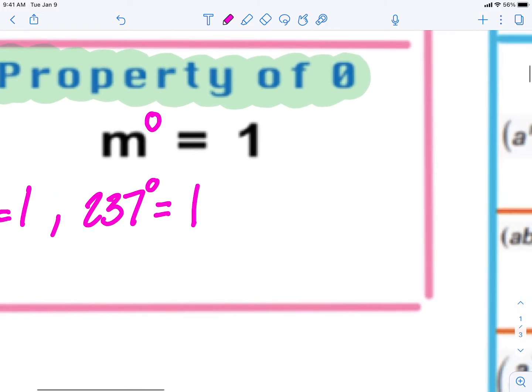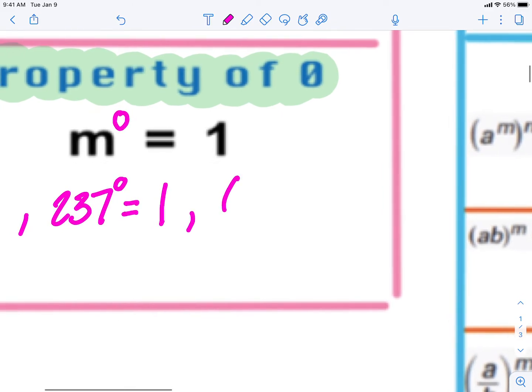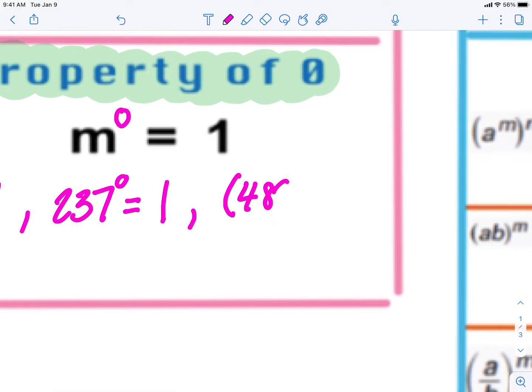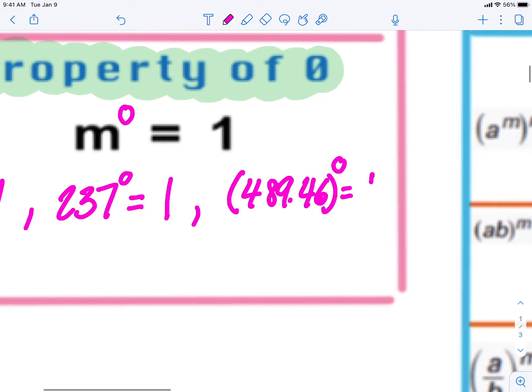And you can have something fancy that has parentheses, let's change it up here, 489.46 to the power of 0, and that, everybody, is just 1.